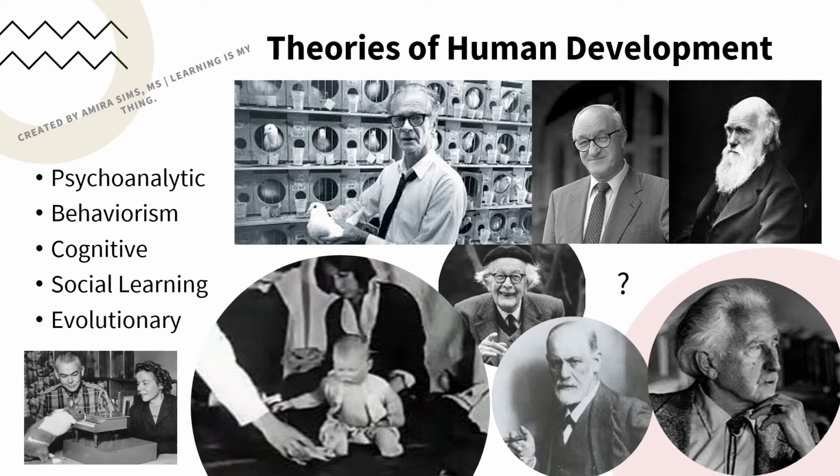with the psychoanalytic approach. The big idea is that people are heavily influenced by what happens to them early in life, and also that their unconscious is extremely important in influencing what they do and don't do. So Sigmund Freud is an example of someone who's associated with this psychoanalytic approach.